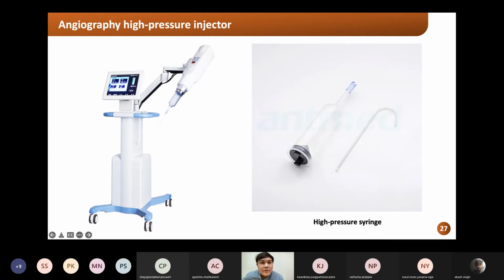Normally it is composed of the instrument and also the high pressure syringe that contains the contrast media already mixed with normal saline plus heparin.